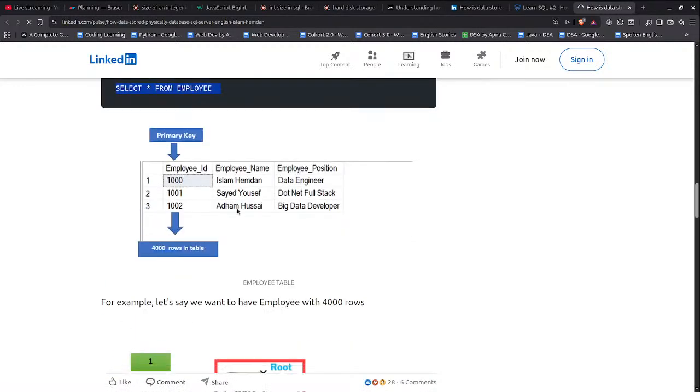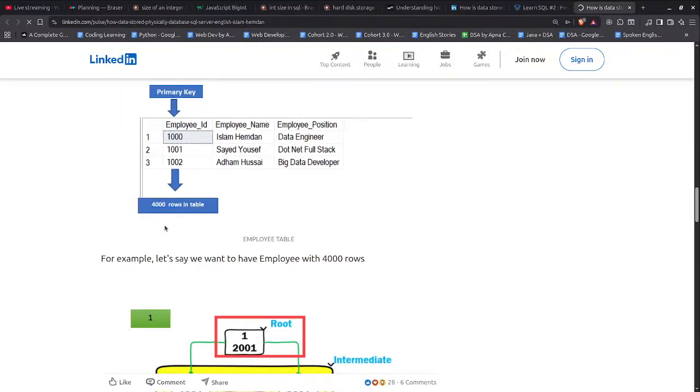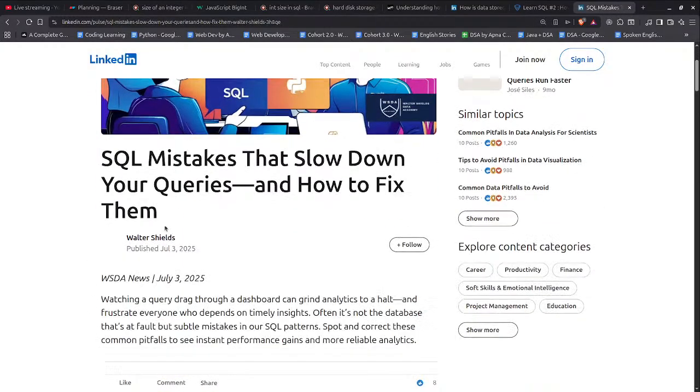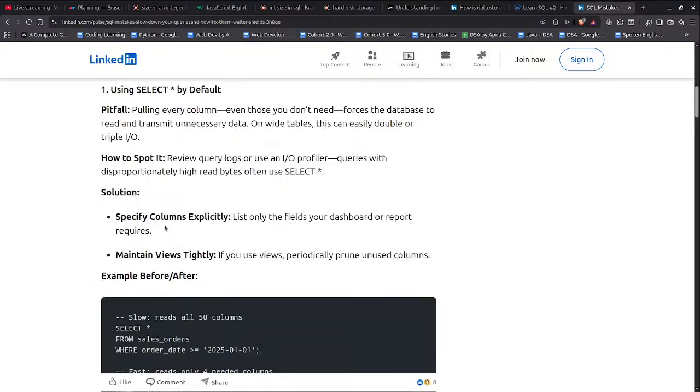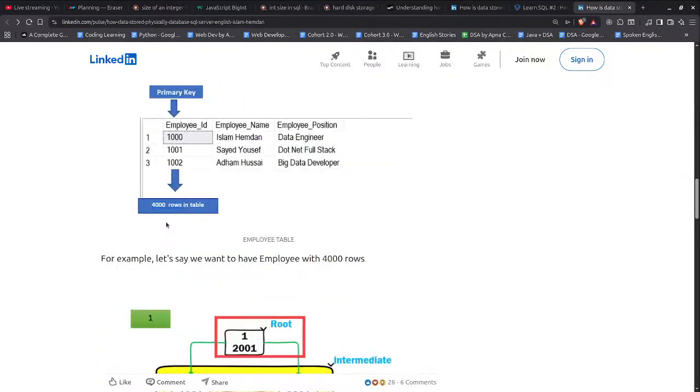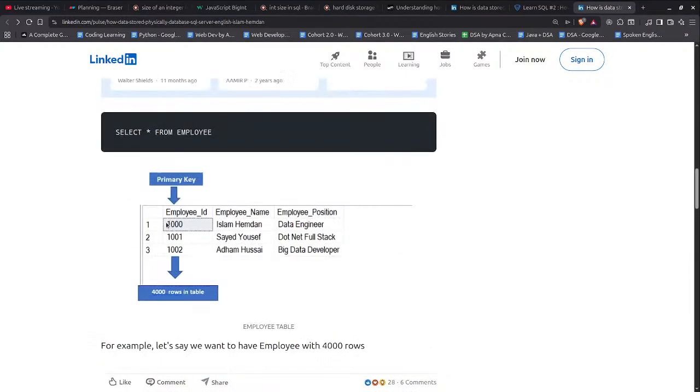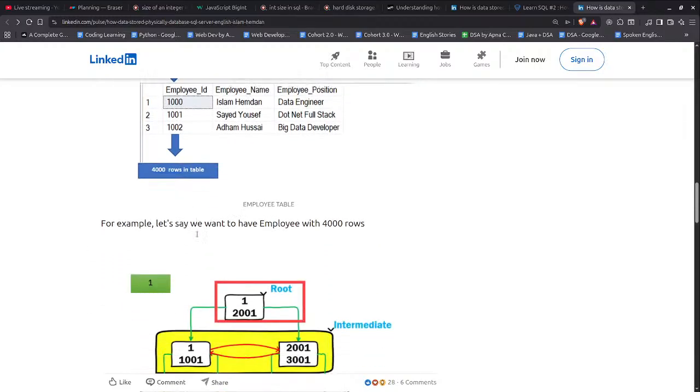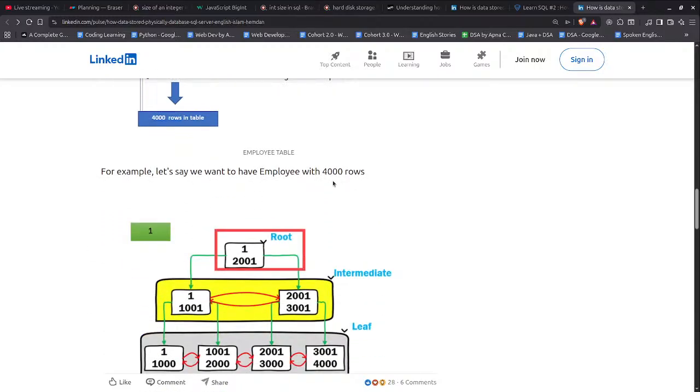Select everything from employee. So this is how the data is actually stored, and similarly, we'll have 4000 rows down the line. For example, let's say we want to have an employee table with 4000 rows.